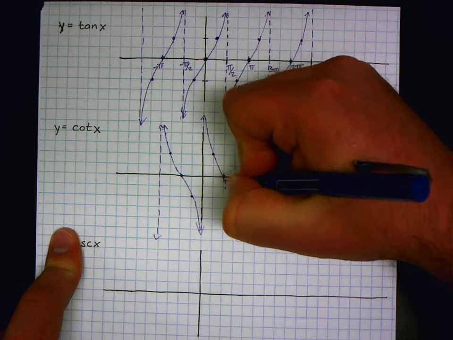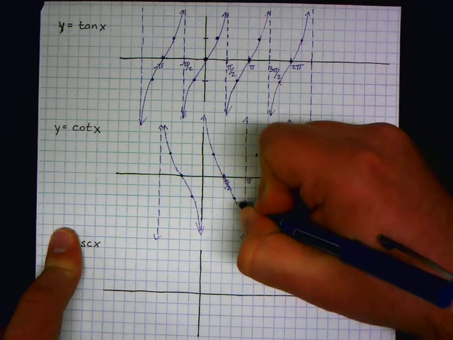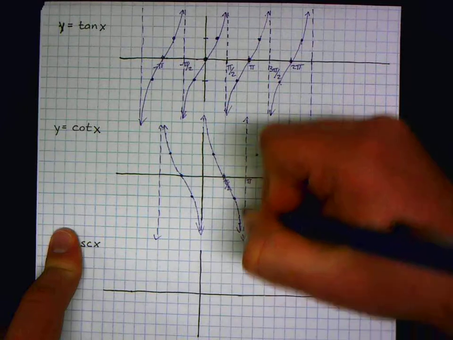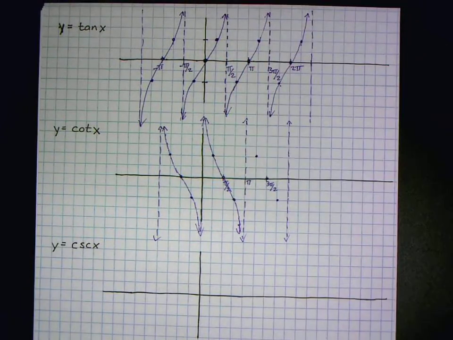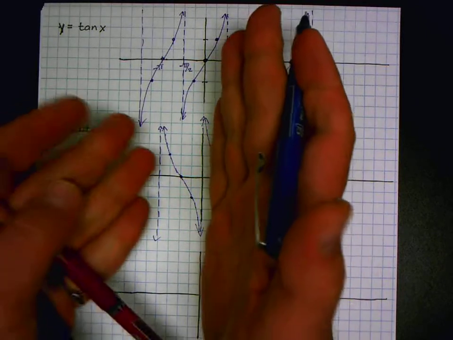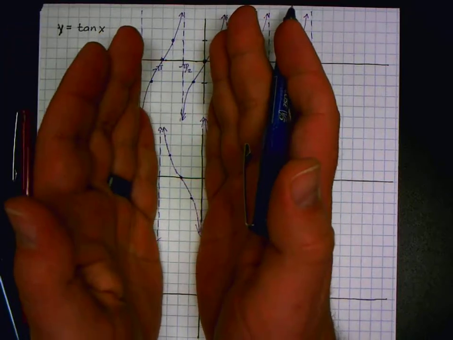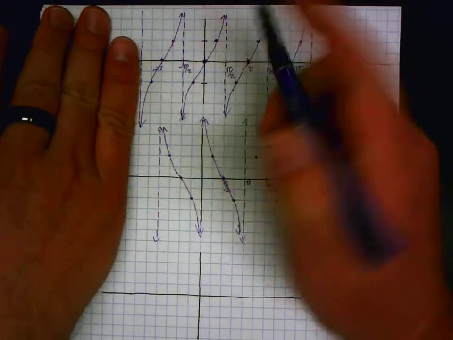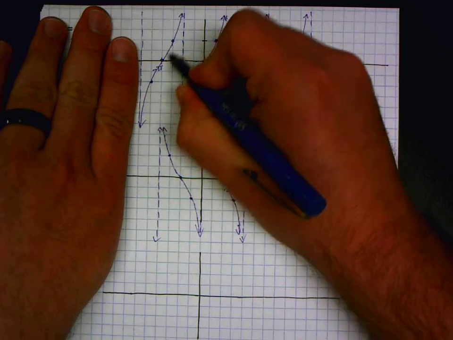Why did it flip? They flipped because now the one is on the left hand side. Whenever I did this, in between my asymptote, see over here with my asymptote, going from left to right, I went from -1 to 1, right?